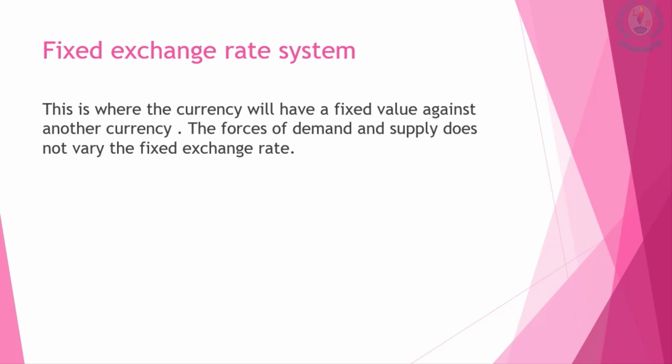The forces of demand and supply do not vary the fixed exchange rate. That means it is controlled by the government. Demand and supply cannot influence the exchange rate that is being set. At the sole discretion of the government, once in a while they will alter the exchange rate.